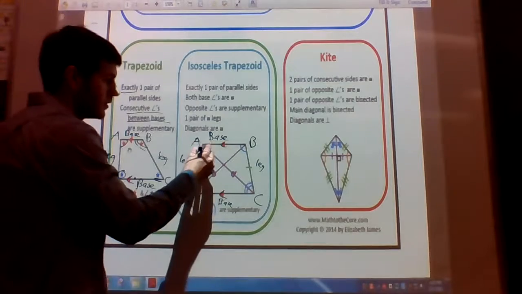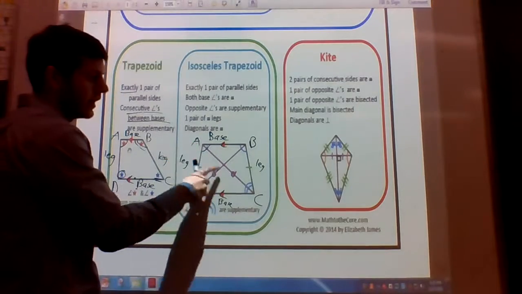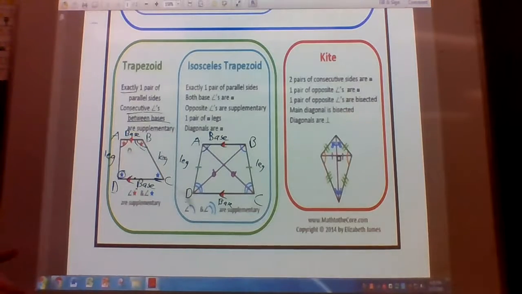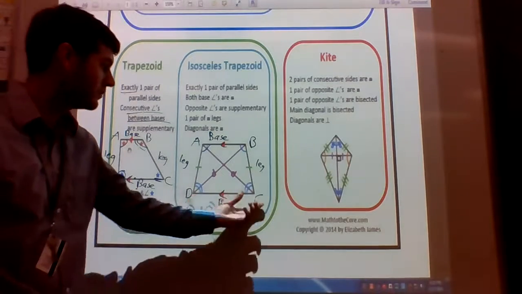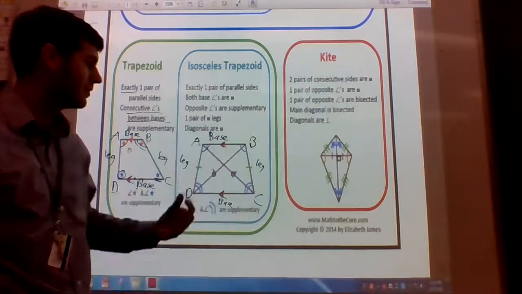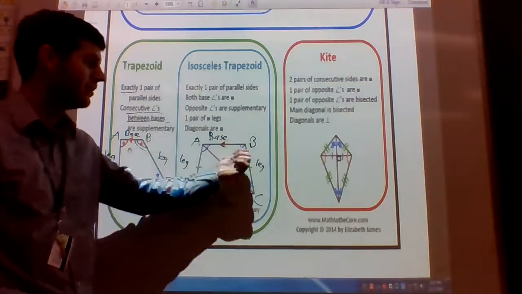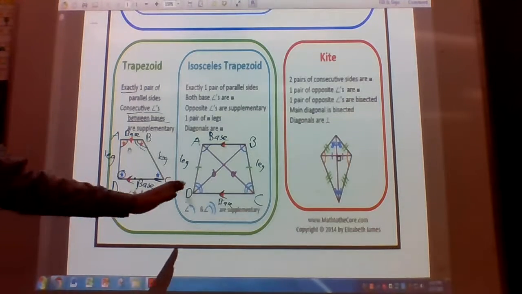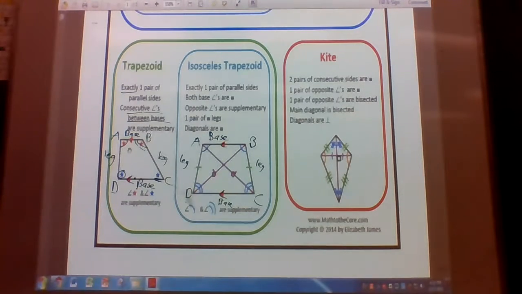Since angle D is supplementary to angle A and angle C is supplementary to angle D, we can use substitution. We can substitute in C for D and A for B, and we get that D and B are also supplementary. We don't need to worry about going through all those steps, which might be confusing for a lot of you. We're just going to say angle D and angle B are supplementary.